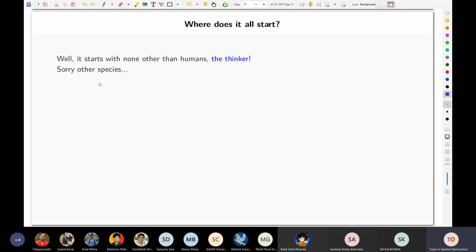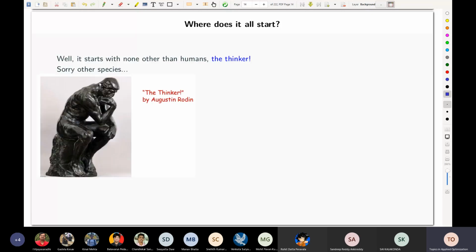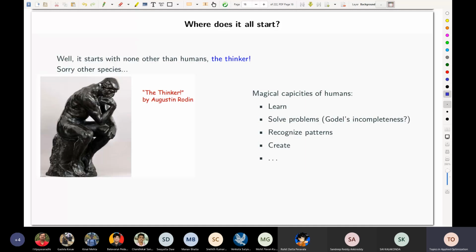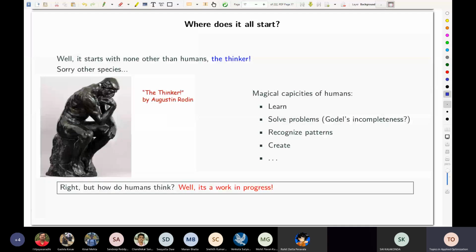So where does it all start? It starts with none other than human beings, the thinker. This is the statue of The Thinker by Auguste Rodin. What are the capabilities of humans? Well, they can learn, they can solve problems, they can recognize patterns, they can create something useful.